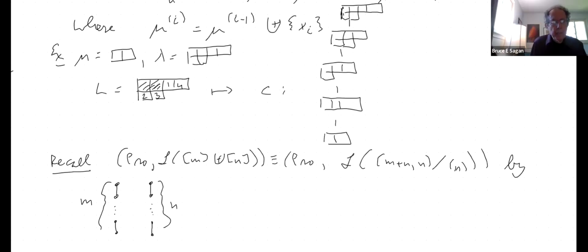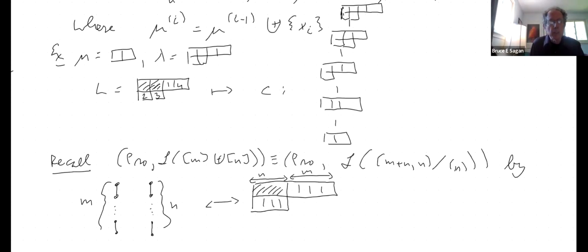Those labelings gave you labelings of this diagram, where this length is N and this length is M. The things in the first row correspond to the M chain, and the things in the second row correspond to the N chain.